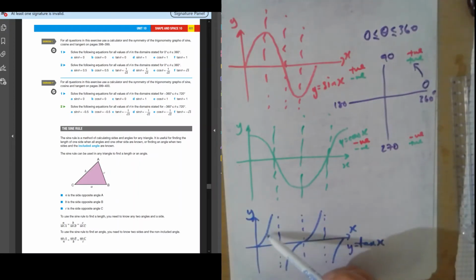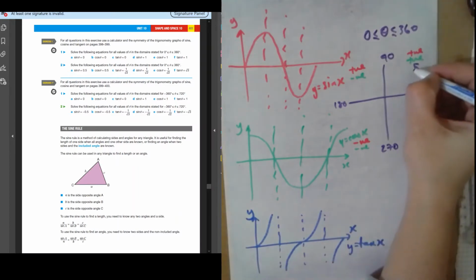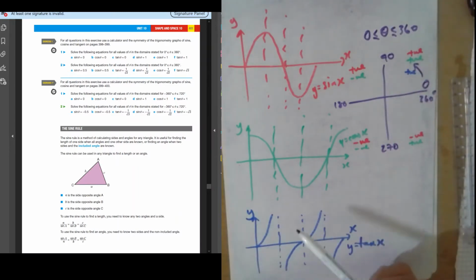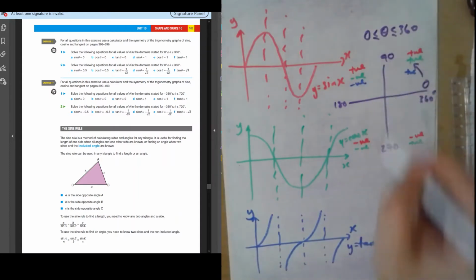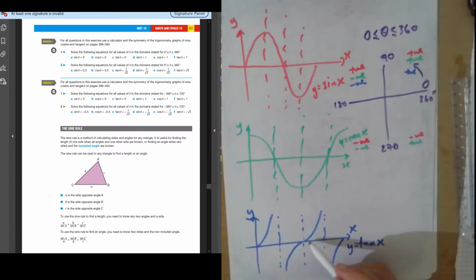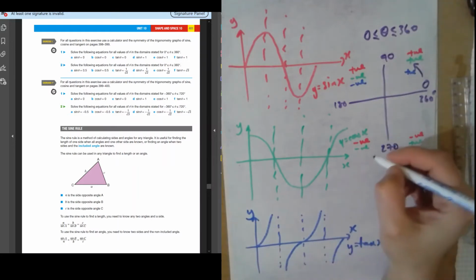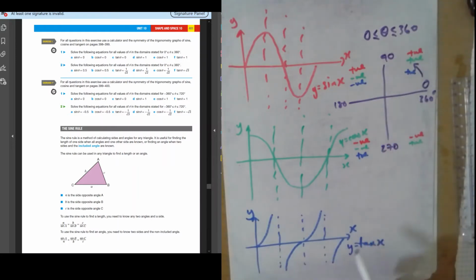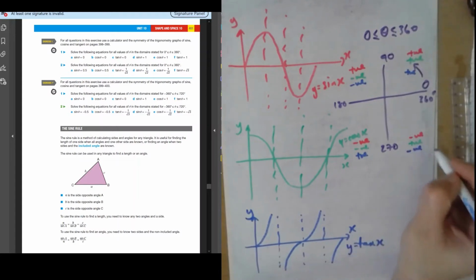Tangent between 0 and 90 is positive. Between 90 and 180, it is negative. Between 180 and 270, it is positive. And between 270 and 360, it is negative.